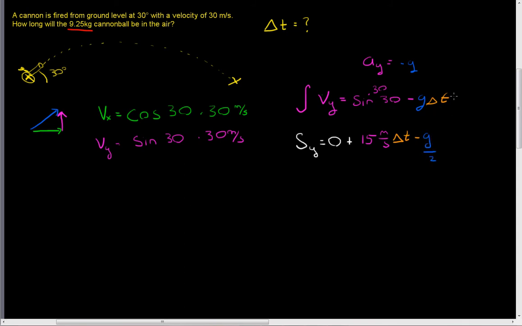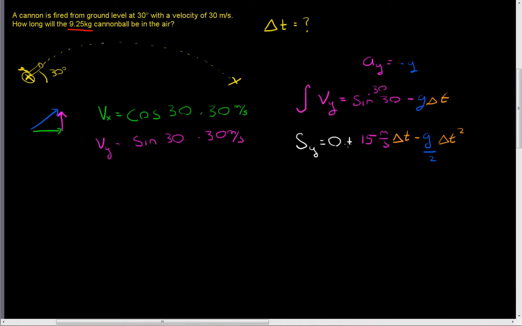Remember, we integrated with respect to time again, so we are going to end up squaring delta t and dividing it by 2.